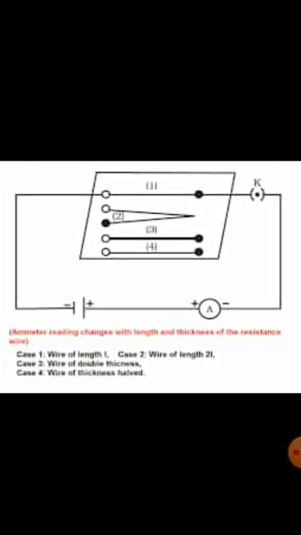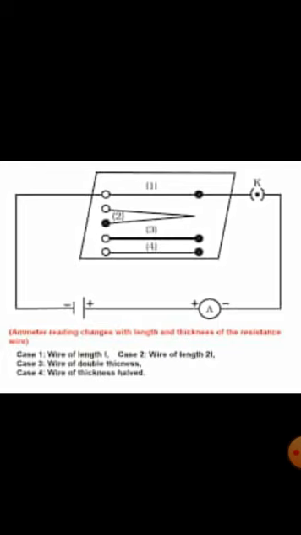Insert the plug key again and note down the ammeter reading. Let it be I2, the first one where we took length L as I1, and now for the second reading as I2.